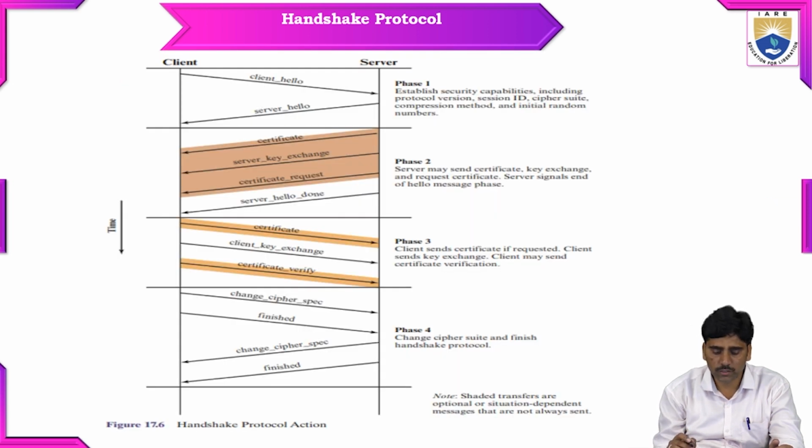And here we can see the handshake protocol action messages. There are four phases. The first phase is to establish security capabilities, including protocol version, session ID, cipher suite, compression method, and initial random numbers.